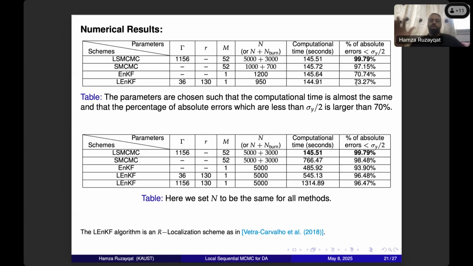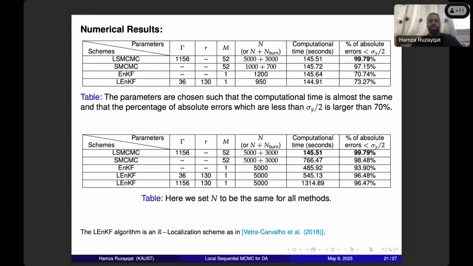So I make a histogram, then I measure the percentage of these errors, and I wanted the errors less than sigma_y over 2 to be bigger than 70%. That was the time needed for the method. For the EnKF, it's 145 seconds.